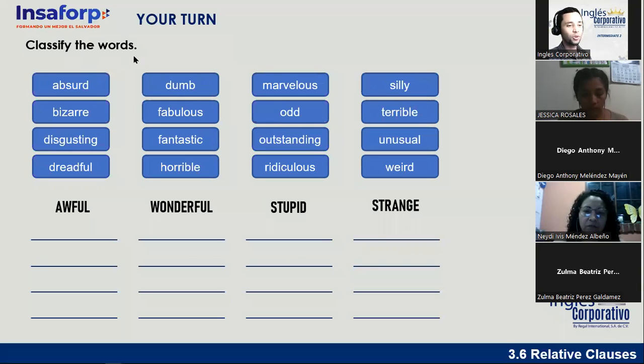So classify the words. You have the words absurd, bizarre, disgusting, dreadful, dumb, fabulous, fantastic, horrible, marvelous, odd, outstanding, ridiculous, silly, terrible, unusual, and weird.